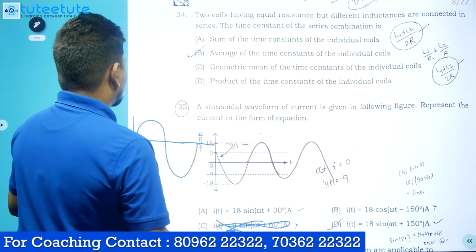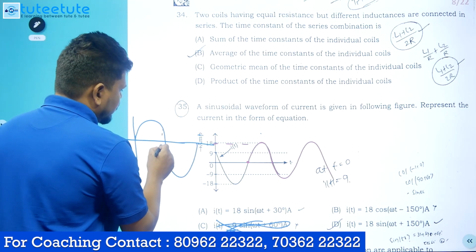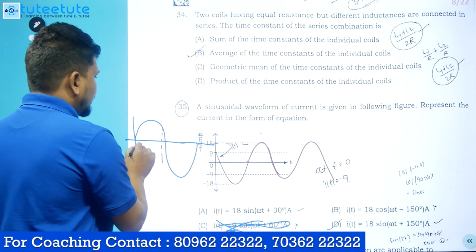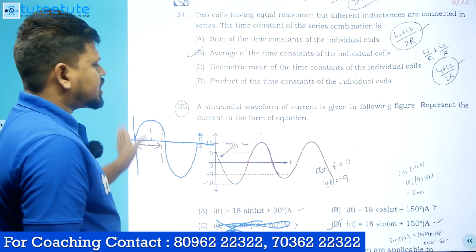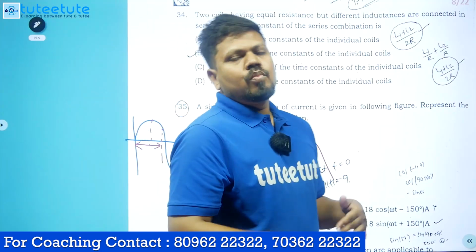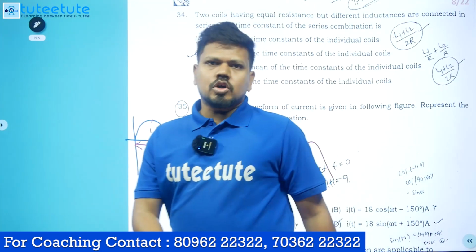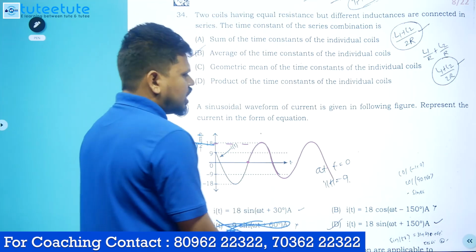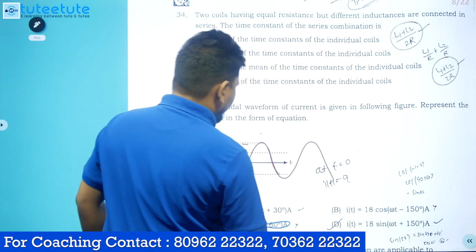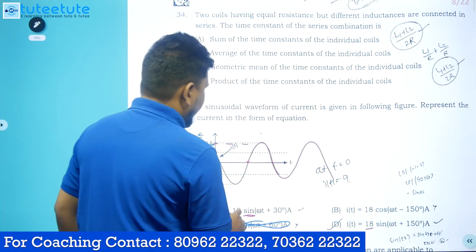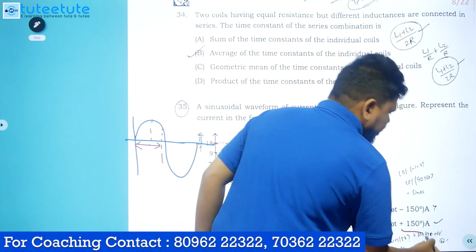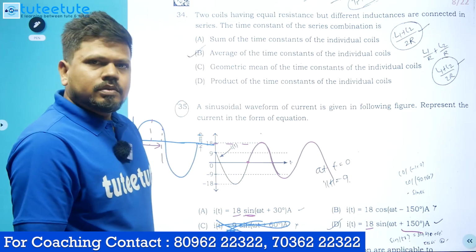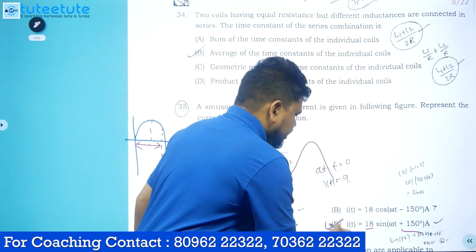If the sinusoidal waveform is starting from here, we have shifted this much. What is this angle? More than 90 degrees. So a sinusoidal waveform having a maximum magnitude of 18 is shifted more than 90 degrees. That is the answer. Option D is the correct one.